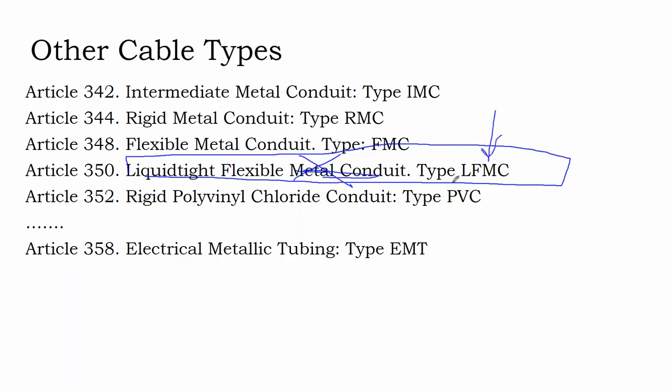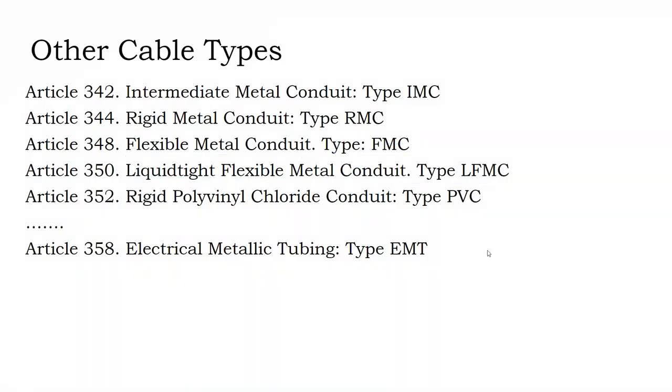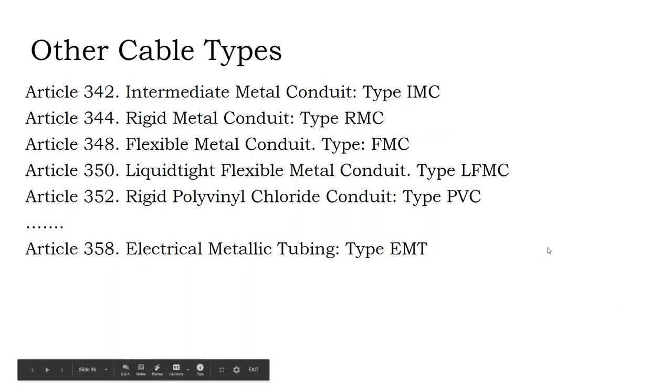So the liquid tight flex metal flex is how you would refer to this ordering it at a supply house. We got PVC. This is not white plumber's PVC. It's gray. It has a little bit better deterioration ratings.